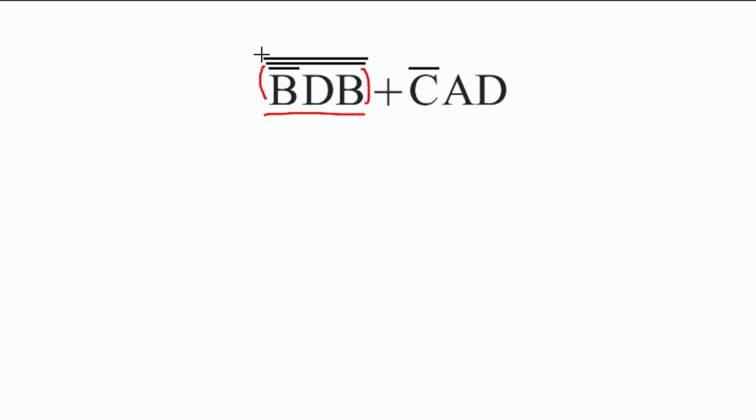And we're going to start off with the 2 overbars up here. And this is fairly straightforward. So imagine if B bar DB was equal to 1. The first bar would invert the function and turn it into a 0. And the second bar would turn it back into a 1.